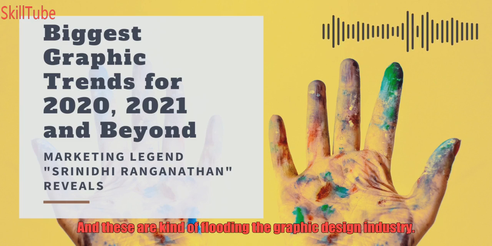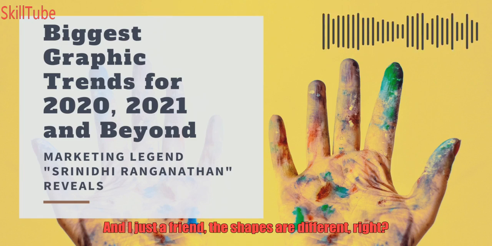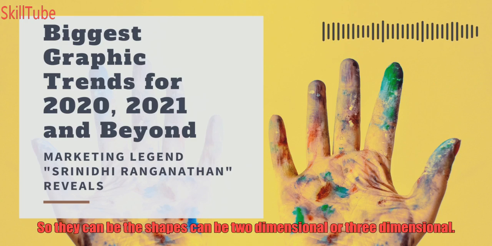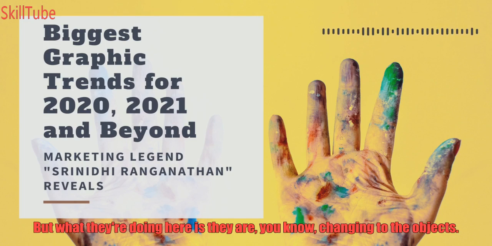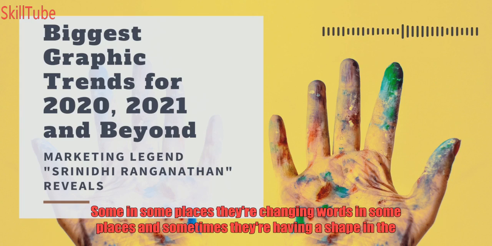These are kind of flooding the graphic design industry. And the edges are different, the shapes are different, right? The shapes can be two-dimensional or three-dimensional, but what they're doing here is changing 3D objects in some places.